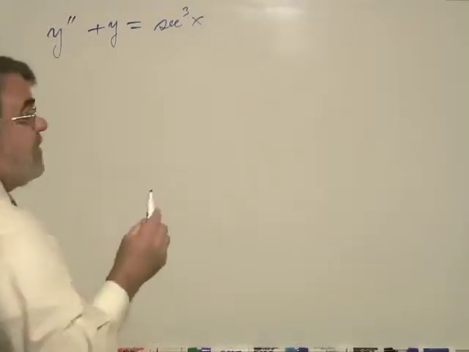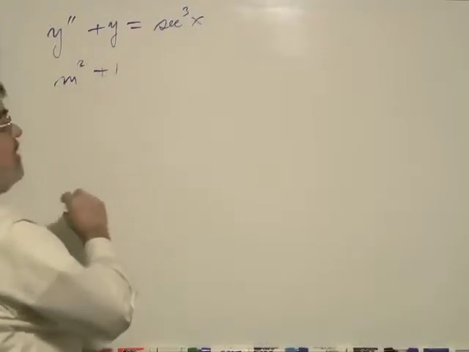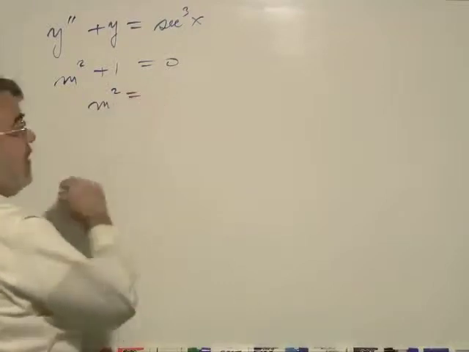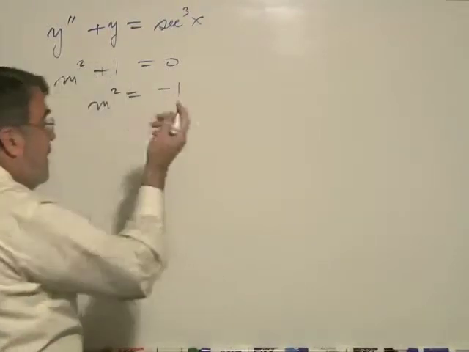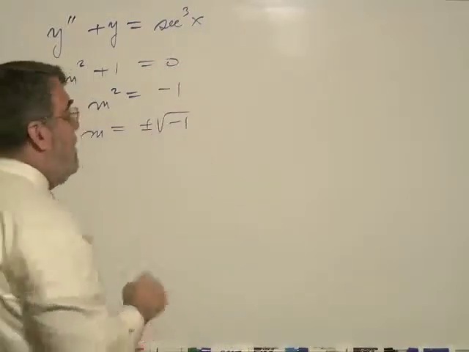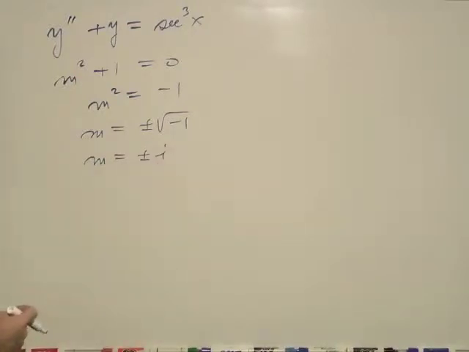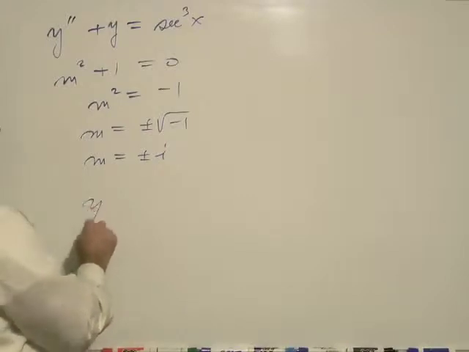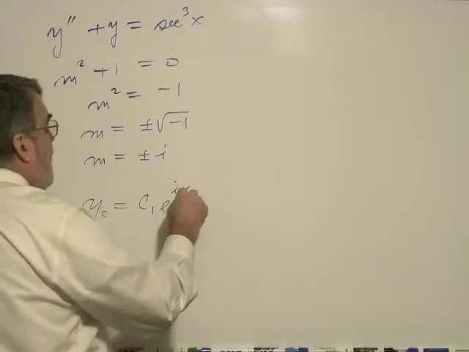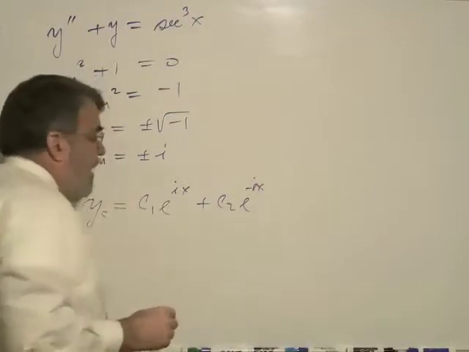And our technique is to first start with the complementary solution. So we look at the characteristic equation, m squared plus 1 equals 0, which means m squared is equal to minus 1. We solve by taking the square root, and we get plus or minus the square root of negative 1, which is plus or minus i. Well, we could write the complementary solution this way: c1 e to the ix plus c2 e to the minus ix.